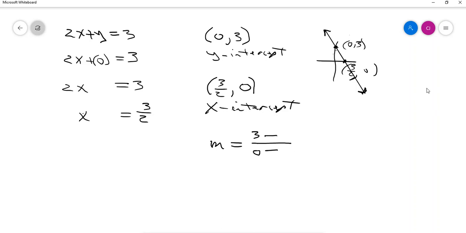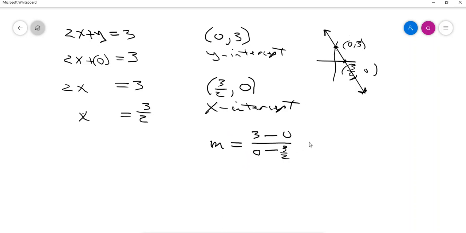Now, x is 3/2, and this is 0, right? The first point's y goes in the numerator, x in the denominator, and the next point's y and x follow the same way.